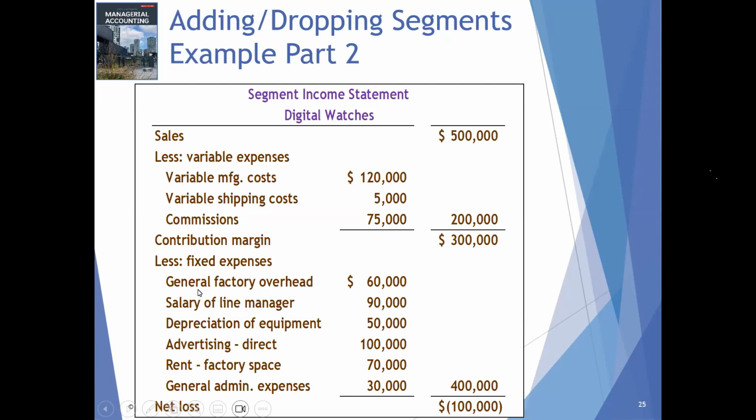You can find here that the general factory overhead is $60,000. It means that this will remain the same whether you discontinue this product or not. And the second is general administrative expenditure. These two expenditures are of a fixed nature.